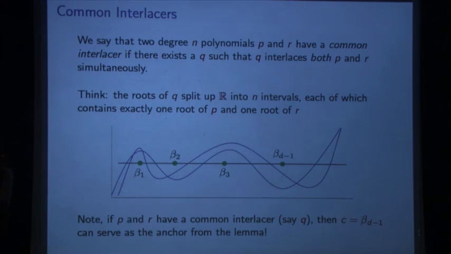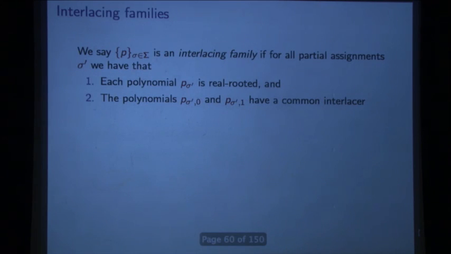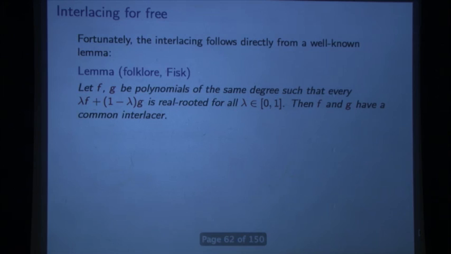Otherwise, it doesn't make sense. So if sigma prime 0 and sigma prime 1 have a common interlacer and have real roots, does it imply P sigma prime has real roots? Yes, and that's essentially what we're going to show right now. And also the reverse as well.